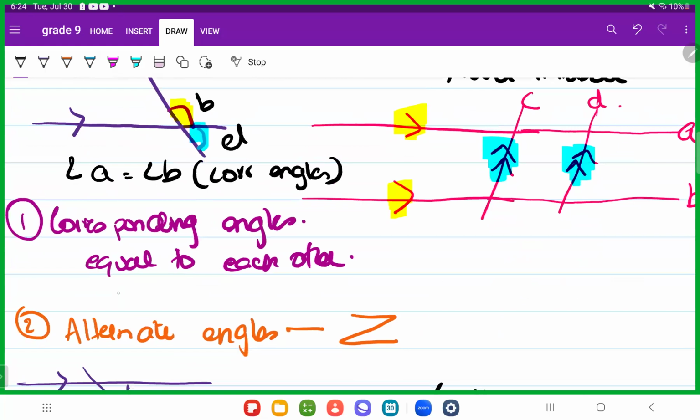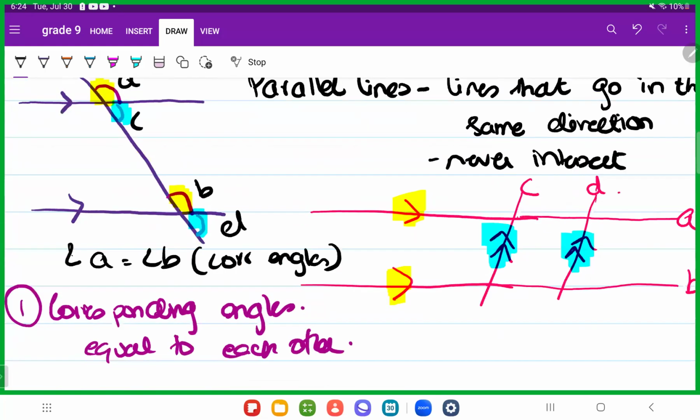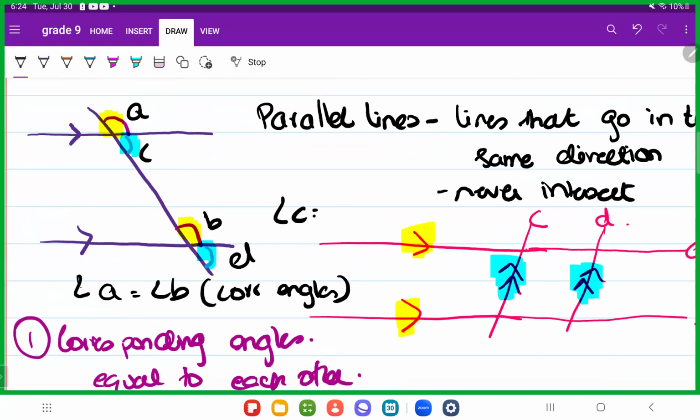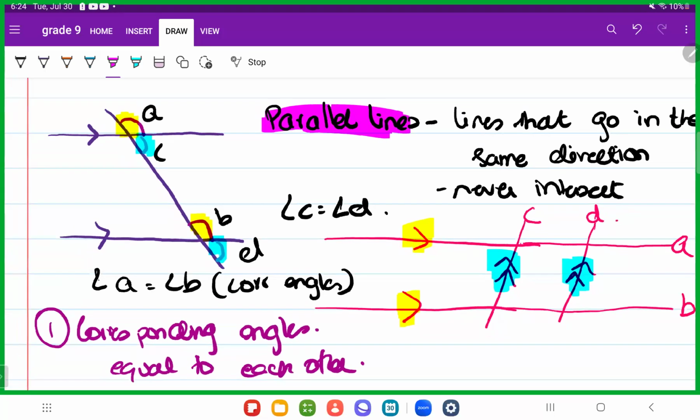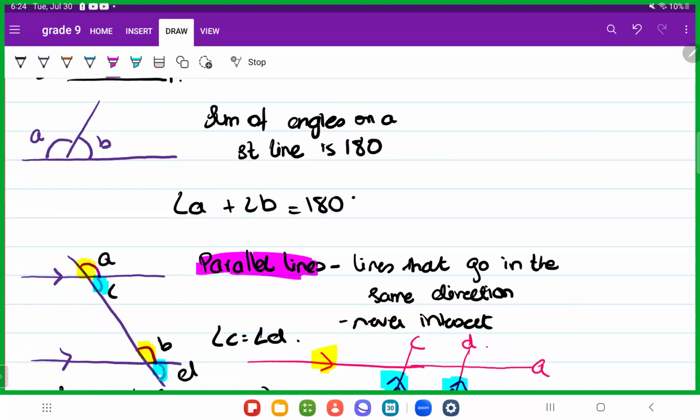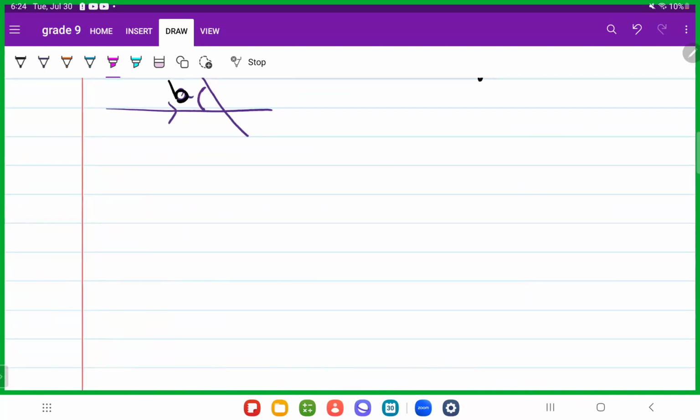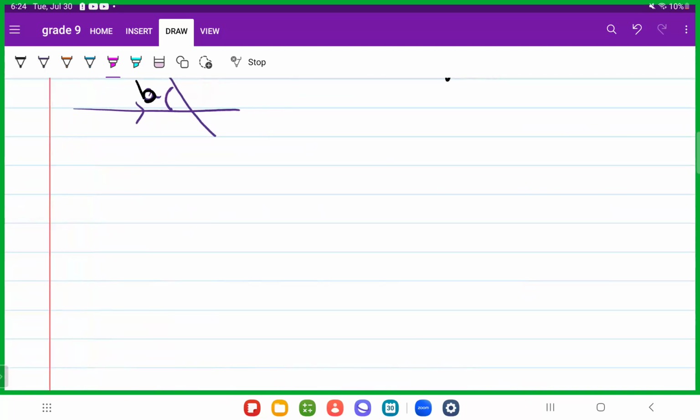Similarly, angle C is equal to angle D, again corresponding angles. Make sense? Are you copying this? Okay, great. So this was about parallel lines.